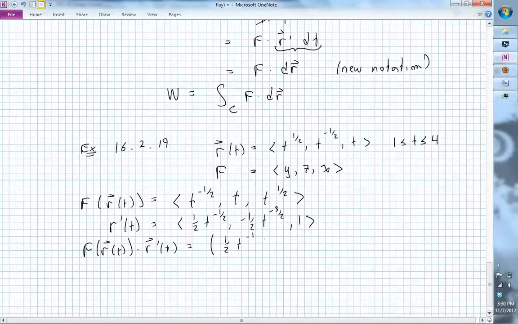Minus, let me think about this, minus 1/2 t to the minus 1/2, it looks like. Stop me if I make an algebra mistake. And t to the 1/2. So there's the dot product. That gives me a scalar.